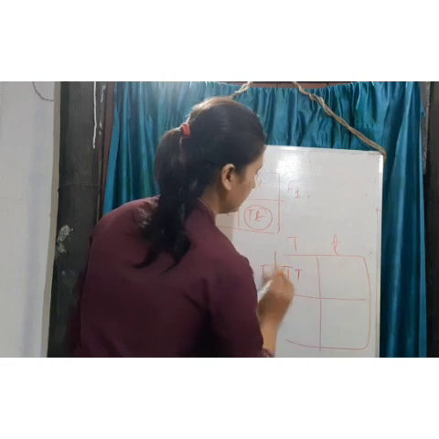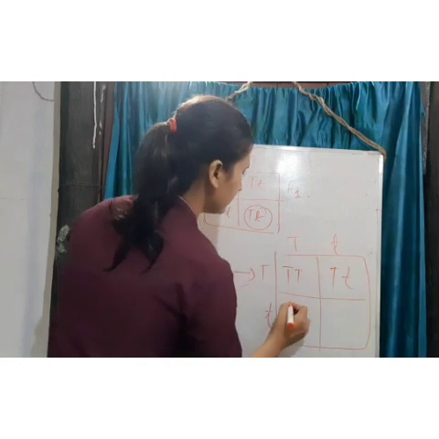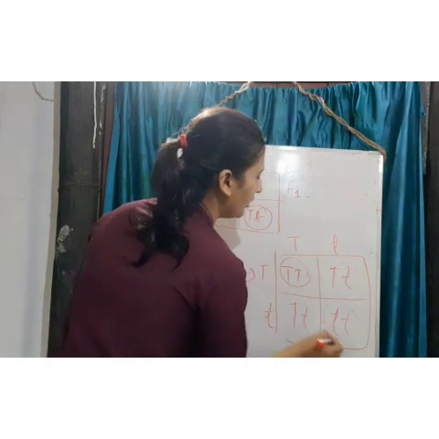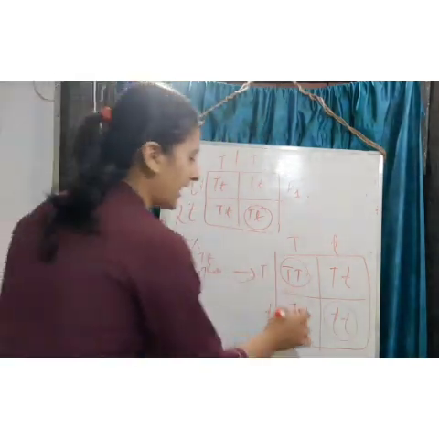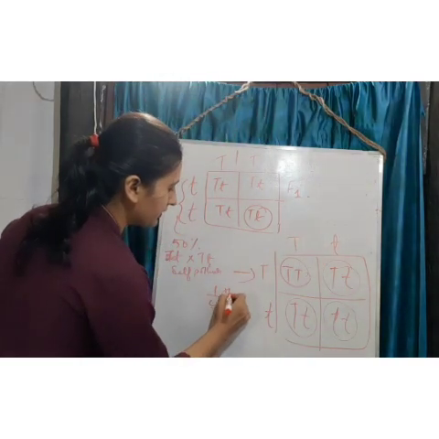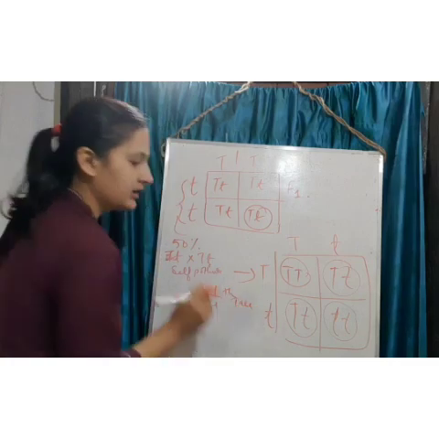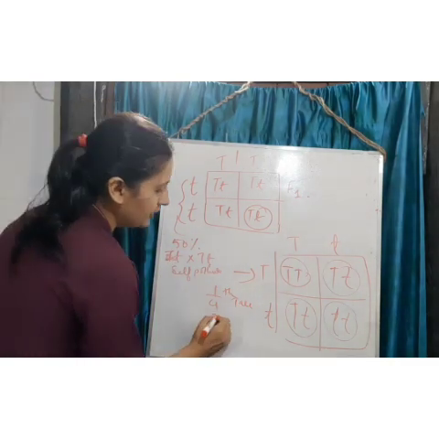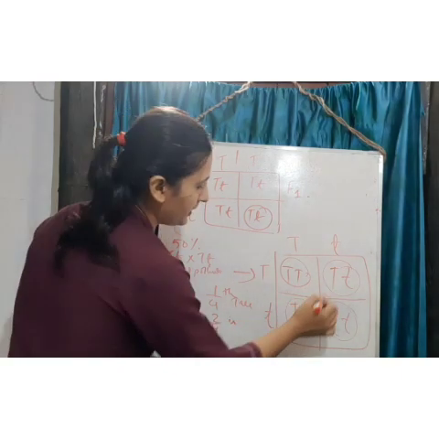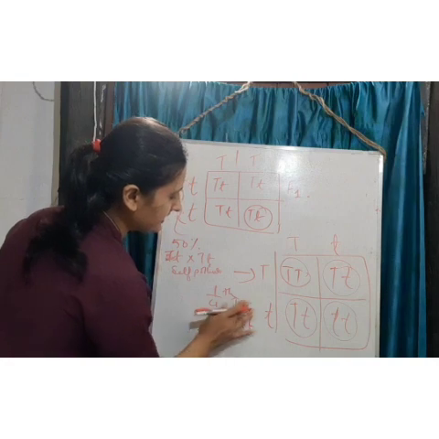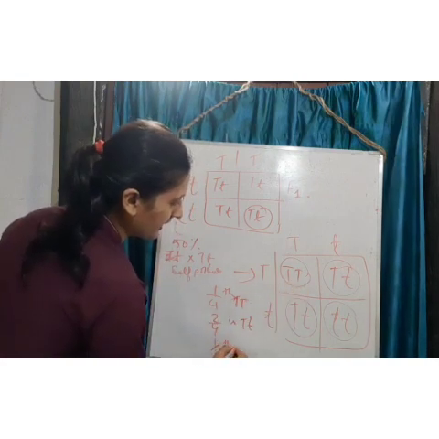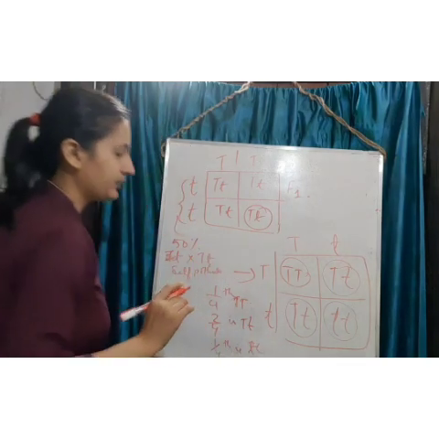So T, then this comes here, this is this and this. So here you can see these two are homozygous, and these are heterozygous. So here 1/4 is tall, then 2/4 is this, isn't it? 1/4 is pure tall. Again 1/4 is your this, correct?